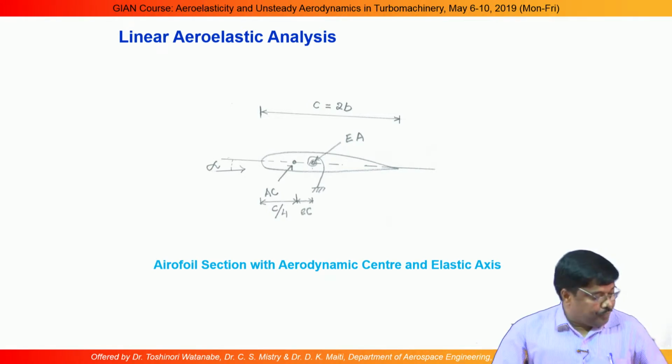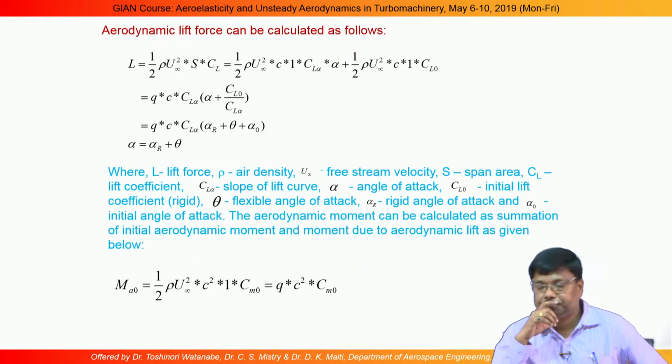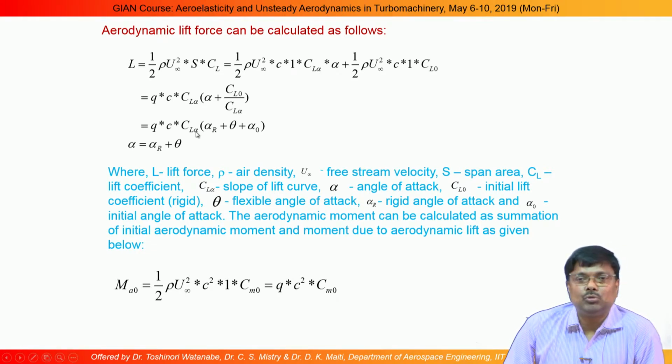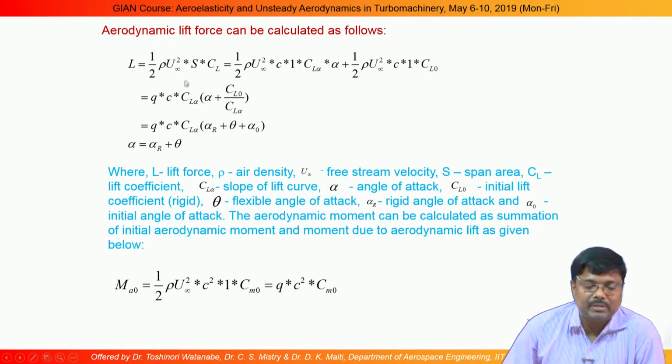If I proceed with that, first I can calculate the lift force. How can I calculate the lift force? It is the dynamic pressure times the area multiplied by CL, the lift coefficient. That total gives us the lift force.